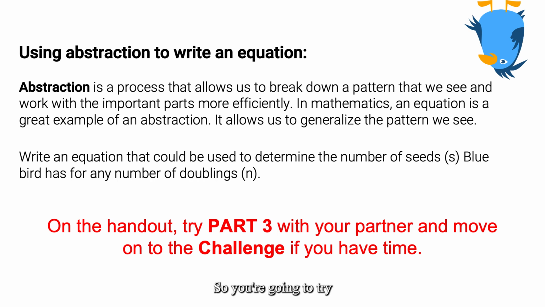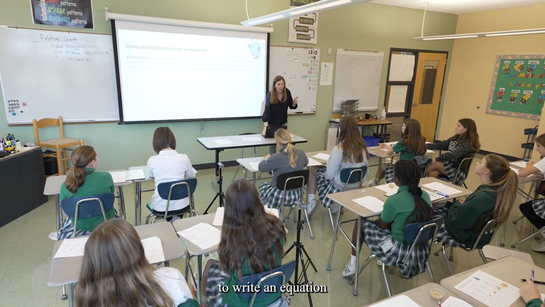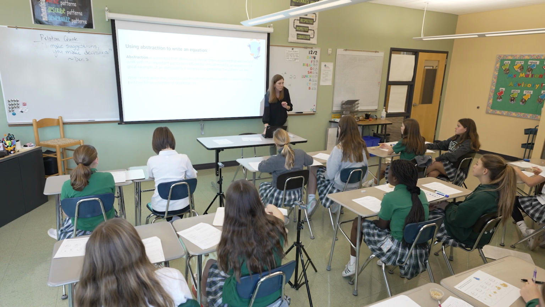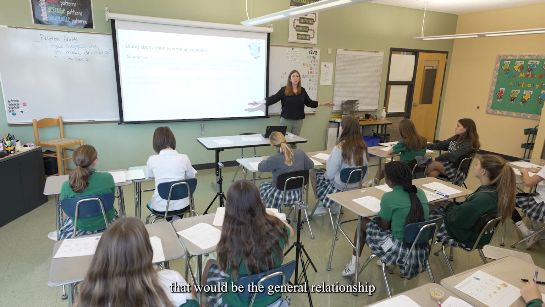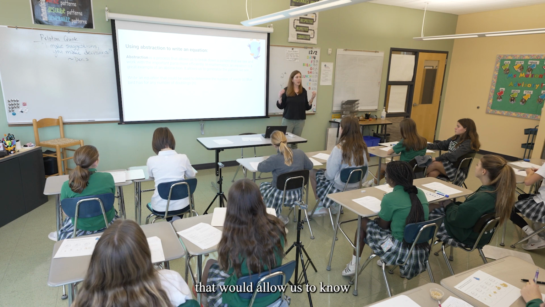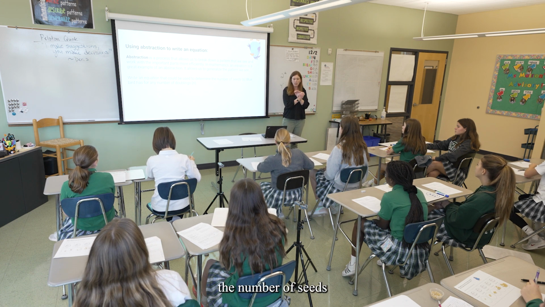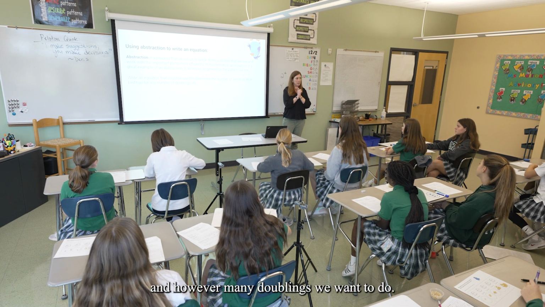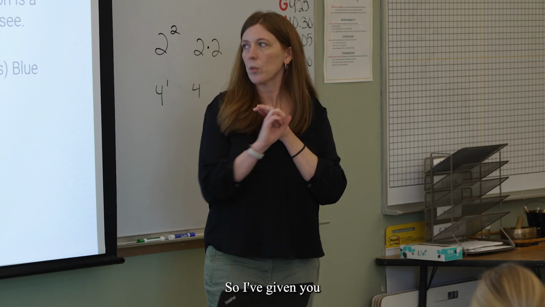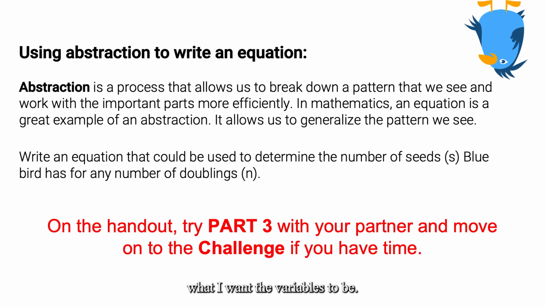So you're going to try to write an equation that would be the general relationship that would allow us to know the number of seeds for however many doublings we want to do. I've given you what I want the variables to be. The number of seeds, that's the total number of seeds, will be S. The number of doublings will be N. I want you to try to write that as an equation.